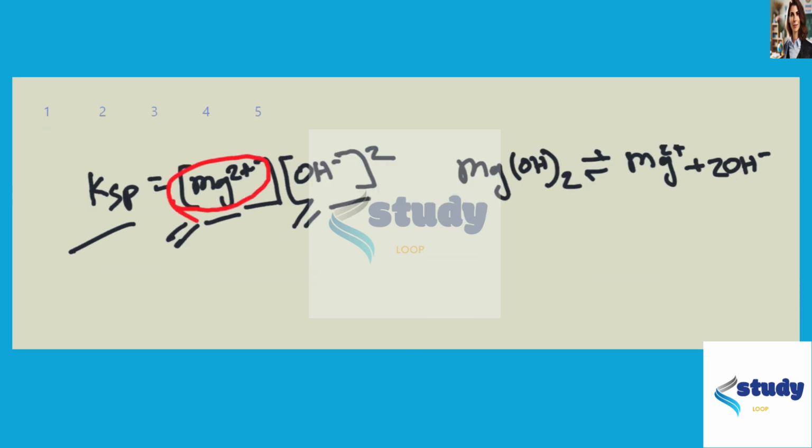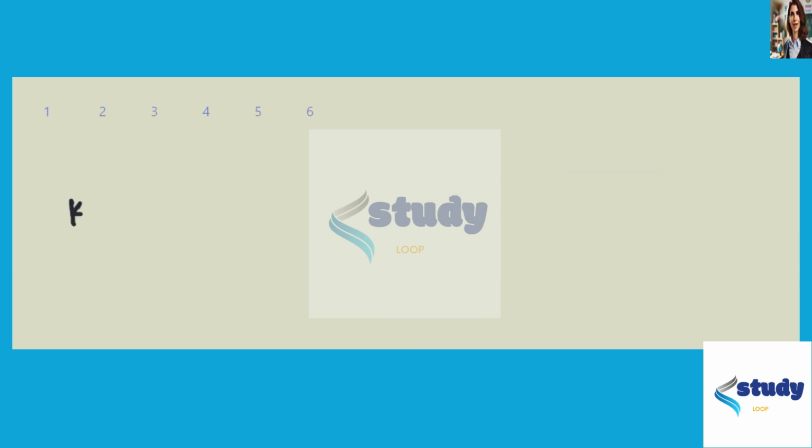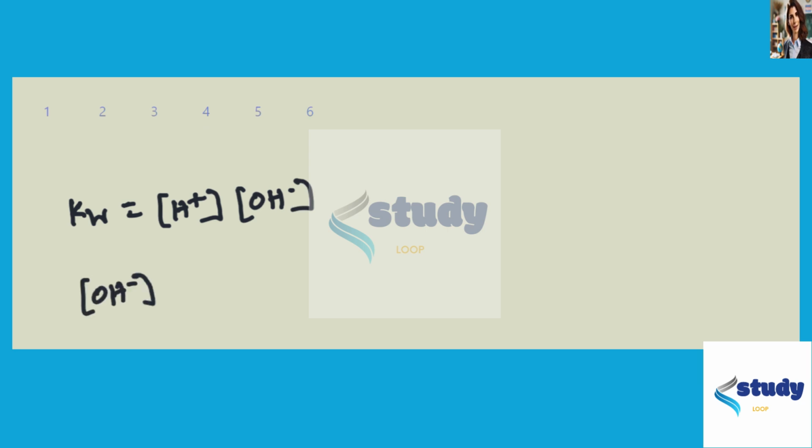Now we have to find out our hydroxide ion concentration to find the Ksp value. We can find this easily from the relation Kw equals H+ times OH-. Using this equation we can find the OH- concentration, which is Kw over H+.